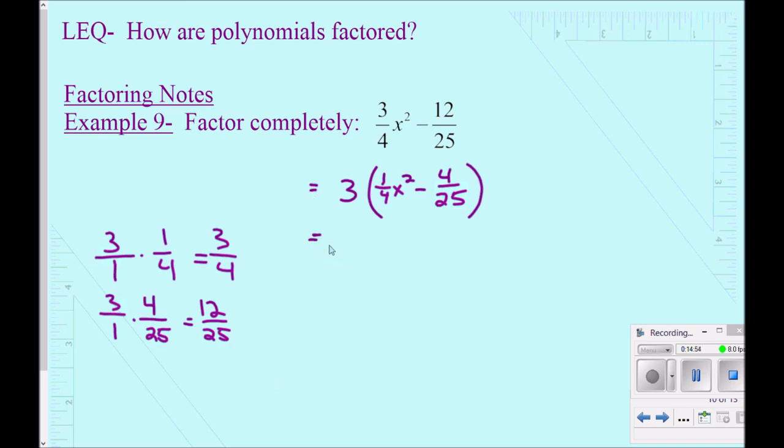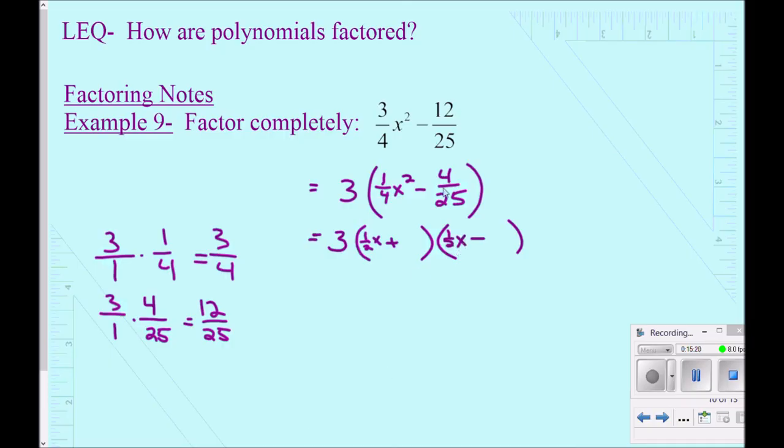So I keep the 3. I make two binomials. 1 is plus, 1 is minus, and I'm going to take the square root of each of these terms. So the square root of 1/4 means the square root of 1 divided by the square root of 4, which means 1/2. Square root of x squared is x. So I have 1/2 x as the first term in each of those.